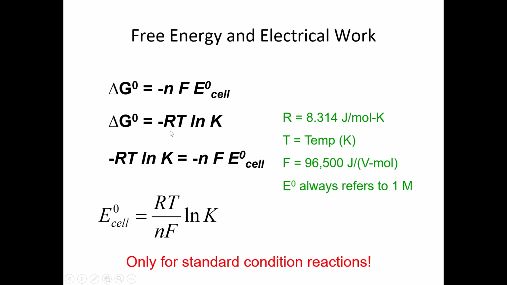And now we're going to put those two together. Since they both equal delta G, we're going to set them equal to one another. And we're going to rearrange for E cell.